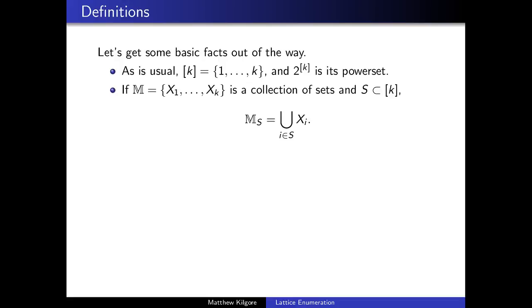Now, if M is a set of sets x1 through xk, and S is a subset of [k], we write M_S equals the union of x_i for i in S. Very straightforward. We say M is proper if it is never the case that x_i is a subset of x_j, so there are no redundant sets per se.